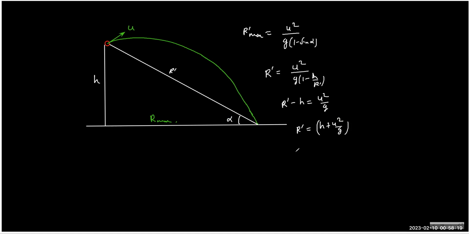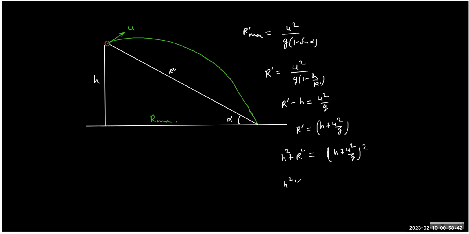So R dash meaning, this is this much. Because here H is given, so you can square both sides.